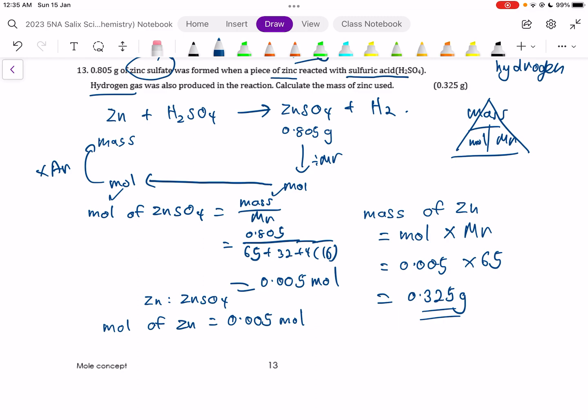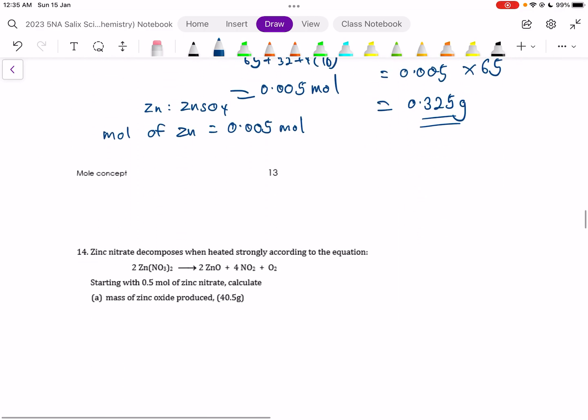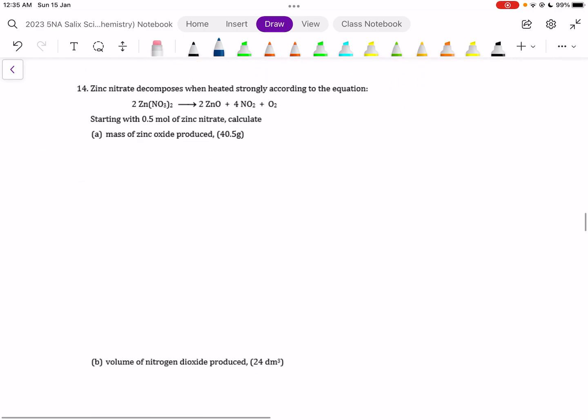Got a couple more examples to go before I finish this particular part. Next we have zinc nitrate decomposes when heated strongly. Starting from this, zinc nitrate is 0.5 mole. You are asked to find the mass of this zinc oxide.